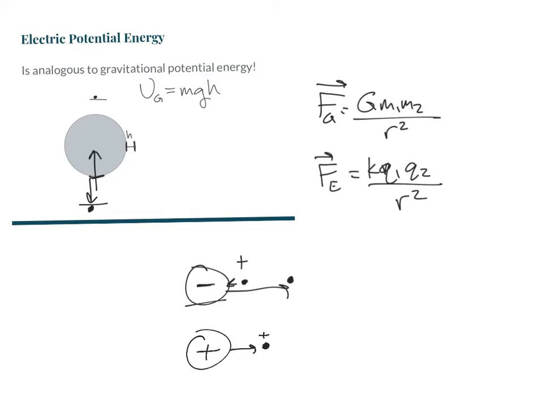Now if we scoot that test charge closer, we have given it some potential energy, but seemingly in the opposite direction. So while gravitational potential energy is a really good stepping stone for figuring out electric potential energy, they do have some differences that have to be considered.